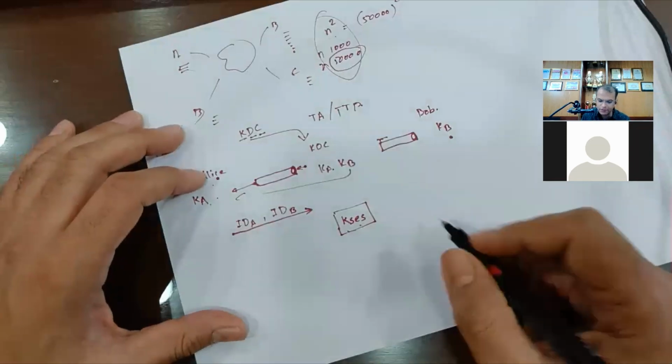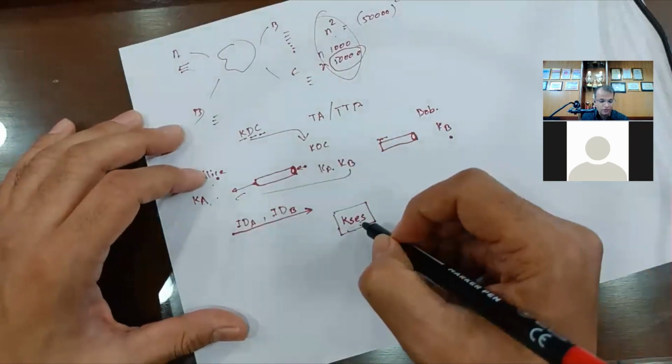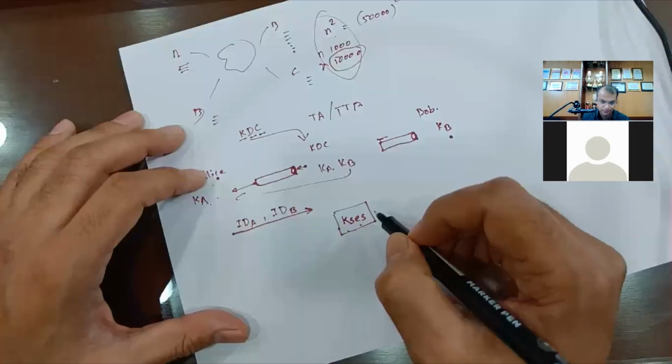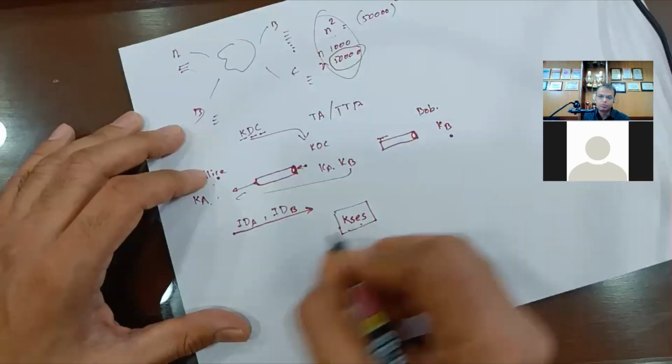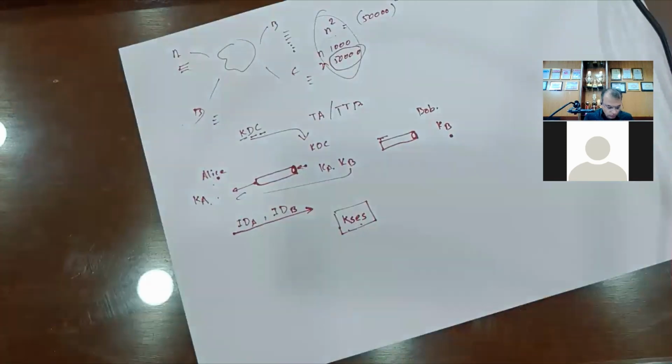So KDC will generate a new key called KSES. Now this has to be shared with both of them. How it will be shared is the next thing.